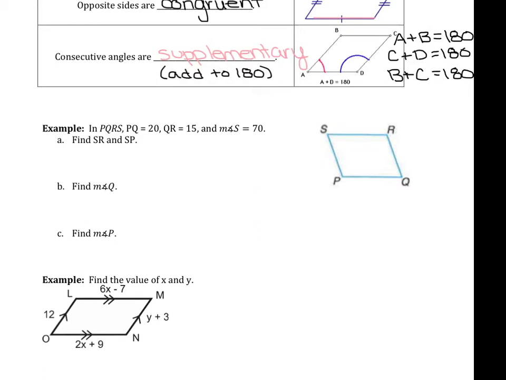Now let's look at some examples that deal with properties of parallelograms. So we're given that PQRS is a parallelogram, so the opposite sides are parallel. PQ is parallel to SR, and SP is parallel to RQ. So we know that all the properties we just learned are true. Then we're given that PQ is 20, QR is 15, and angle S is 70.